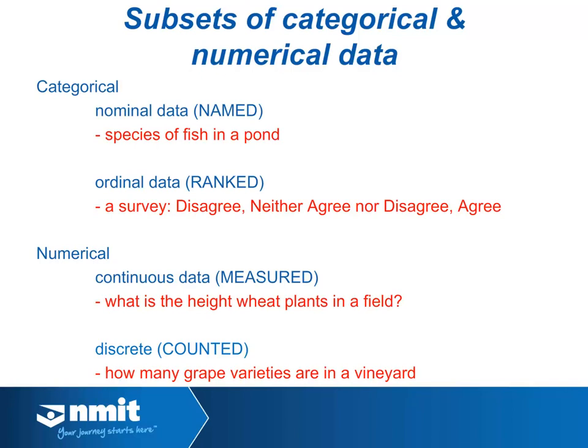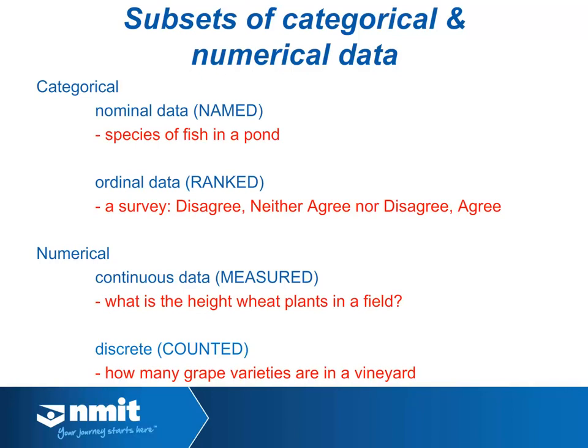So categorical nominal data, or variables that are categorical nominal, are those which are named. So we as humans apply an arbitrary name to them, which may be for historic reasons. Species is a classic nominal variable.